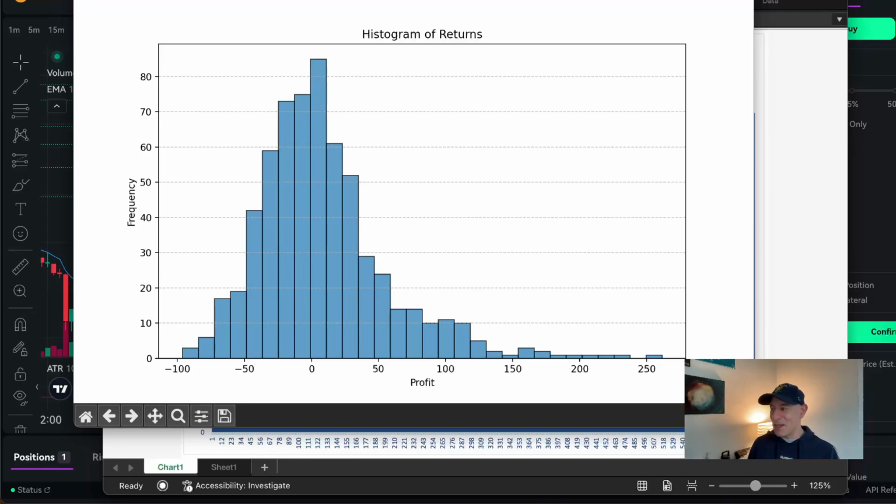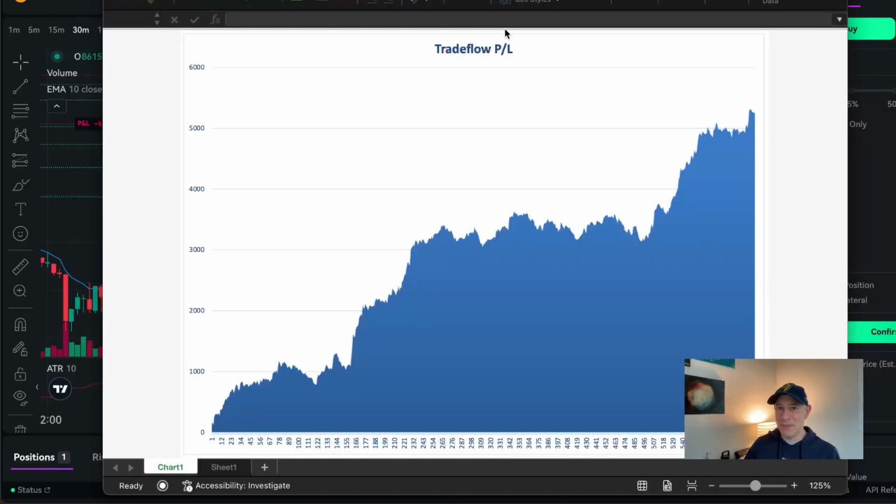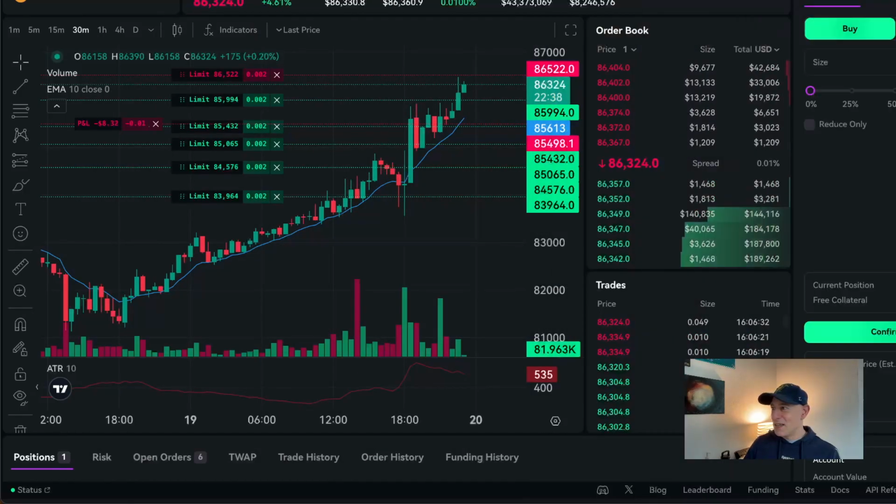I still have on my plate to incorporate the order book imbalance from Binance. I still have the order book imbalance in place from Paradex, but still want to see what it looks like coming from Binance.